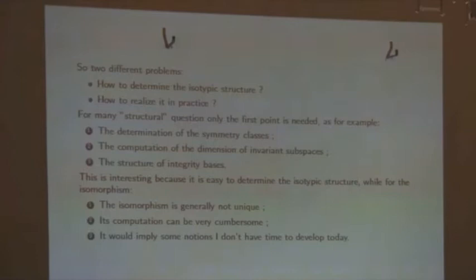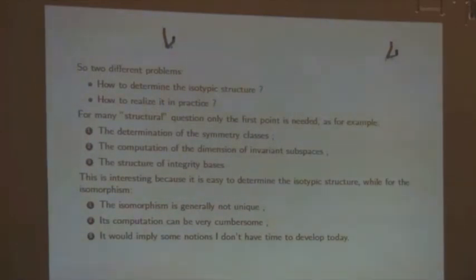But what is interesting is the following fact. Most of the properties we are interested in, that means the number of classes and the type of classes, are totally independent of the choice of a particular decomposition.